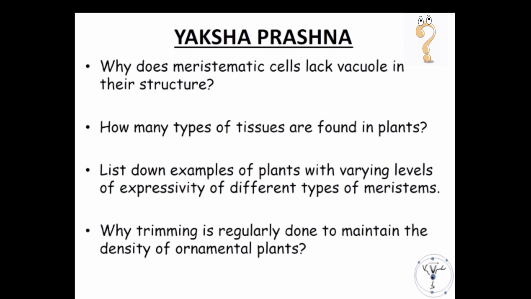The second question asks how many types of tissues are found in plants. The third question asks to list down examples of plants that show a varying level of expressivity of different kinds of meristems.